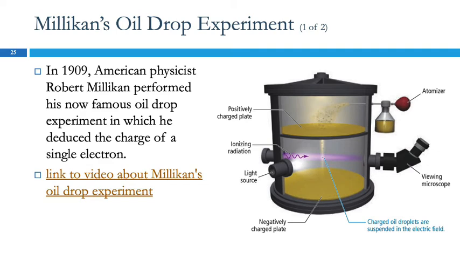But the idea here is that when he zaps these droplets with ionizing radiation, they're going to have a certain number of extra electrons. And so a droplet might have a -3 charge or a -4 charge. And so he could measure the actual charge by looking at what the charge on the plates needed to be to keep it from falling.